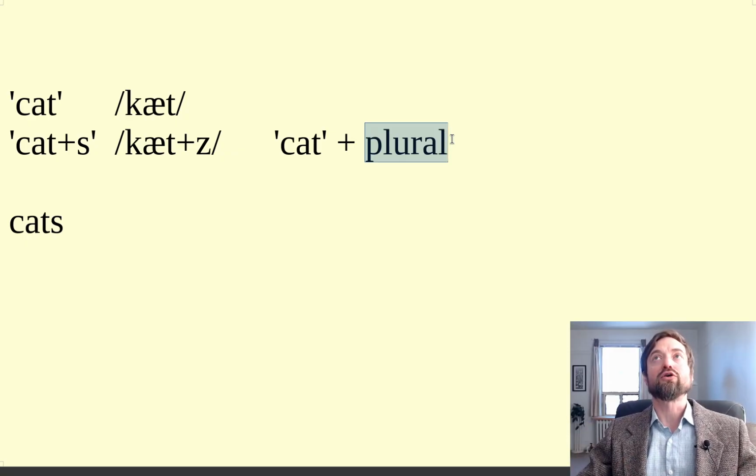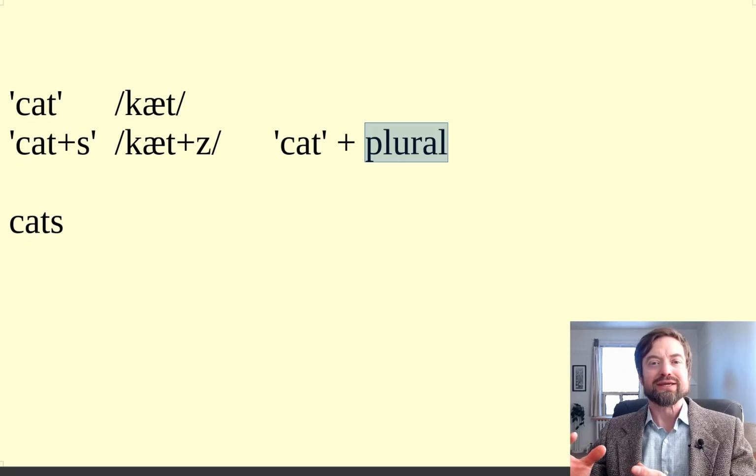You see that there are all these different words that end with an S or something close to an S, and they all mean plural. So it seems like that is a thing. It's a wordlet. It's a word piece, and that's what a morpheme is. So you can be pretty confident about dividing this word into two.